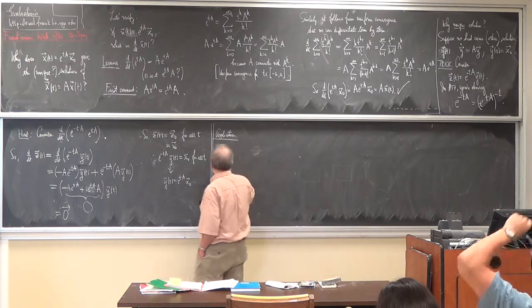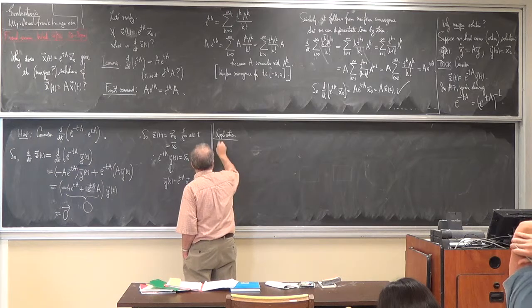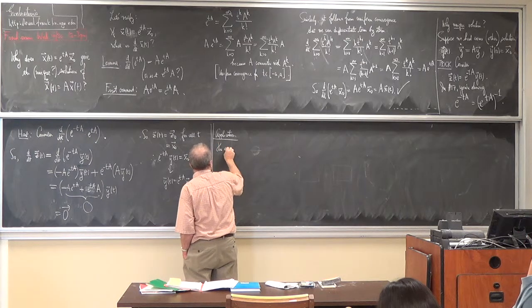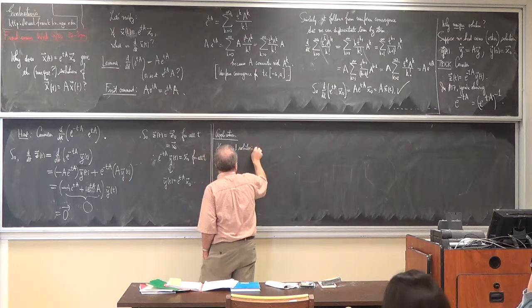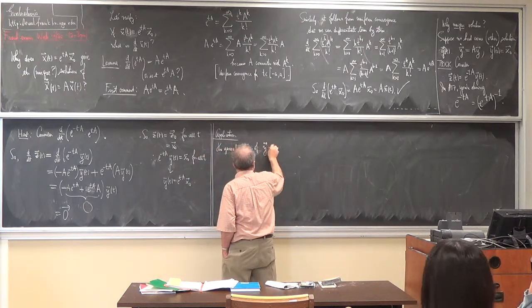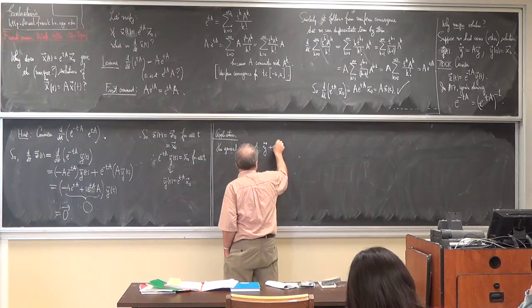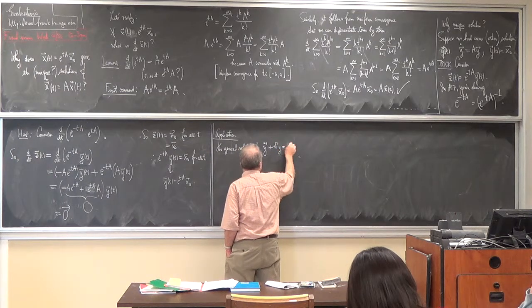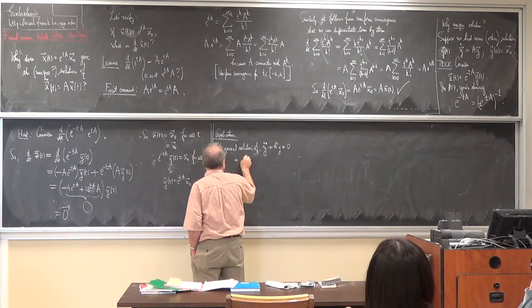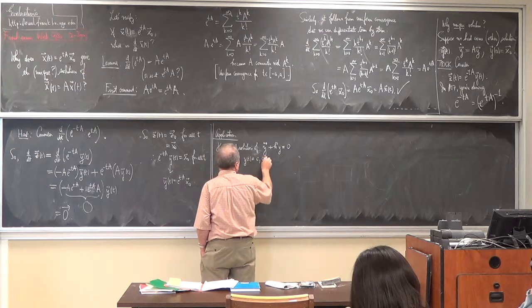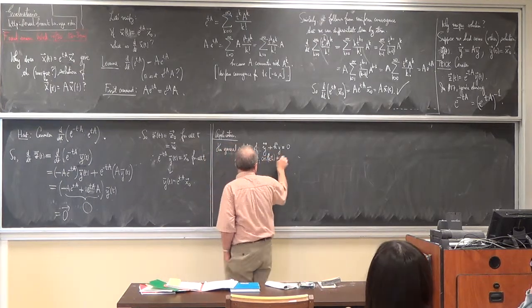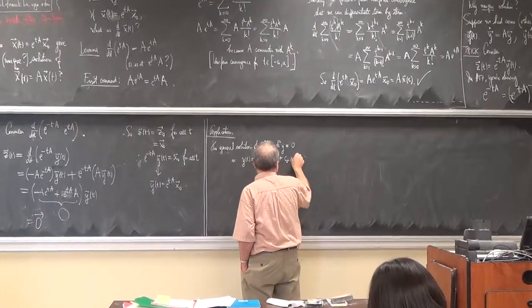So, the general solution of y double dot plus k squared y equals 0 is constant times cosine kt plus constant times sine kt.